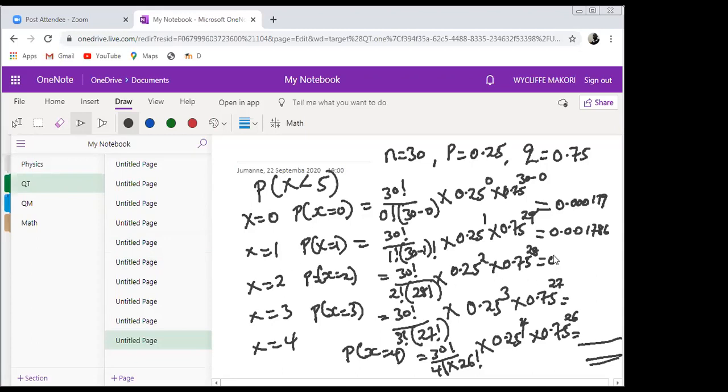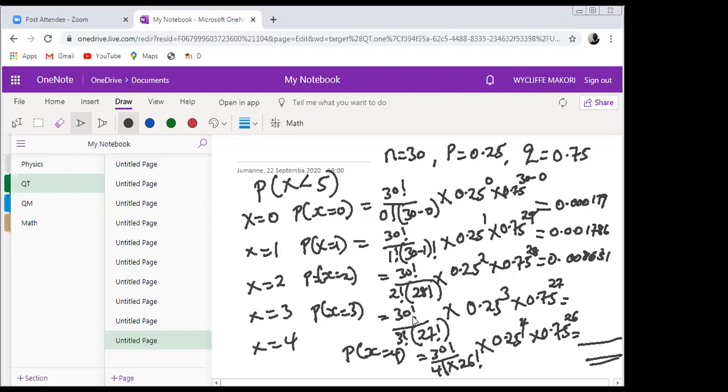I'm getting 0.00861 to 6 decimal places, so that they can all be 6 decimal places.